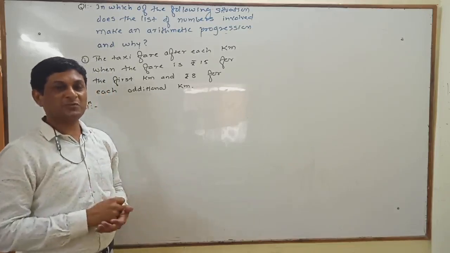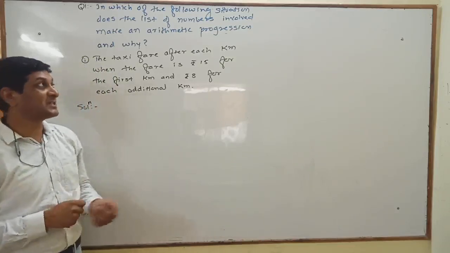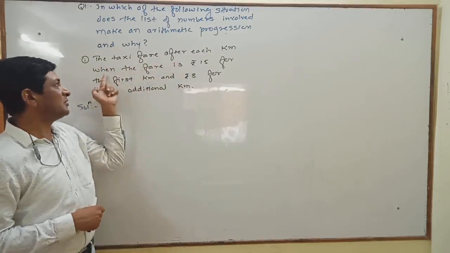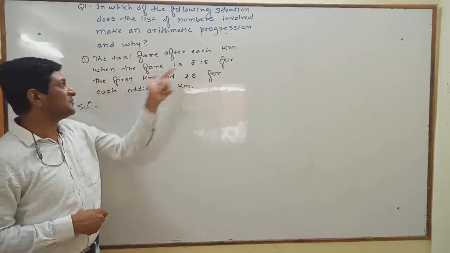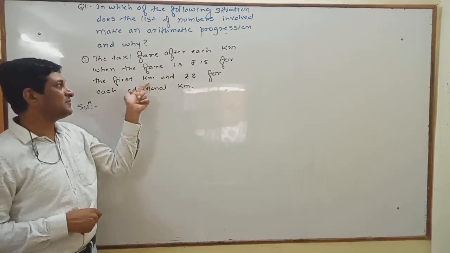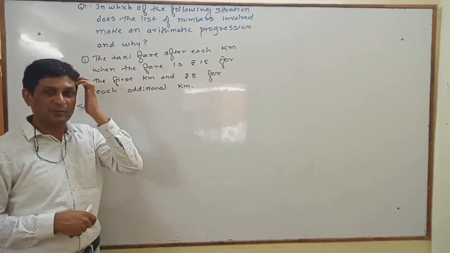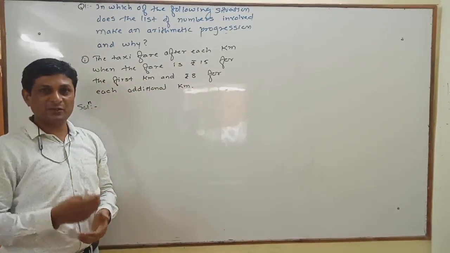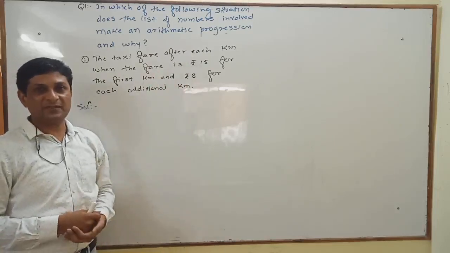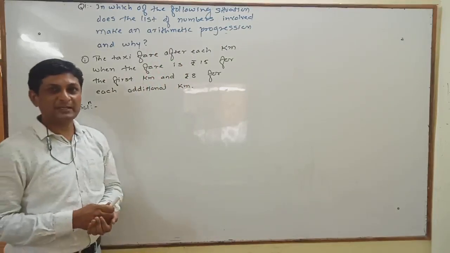But for that purpose, first we have to prepare the list of numbers. So observe the given condition in the first example. What is the given condition? The taxi fare after each kilometer, when the fare is rupees 15 for the first kilometer, means this rupees 15 is the taxi fare for the first kilometer, and rupees 8 for each additional kilometer, means for each remaining additional kilometer we have to pay rupees 8. So using this condition, now we are preparing the list.